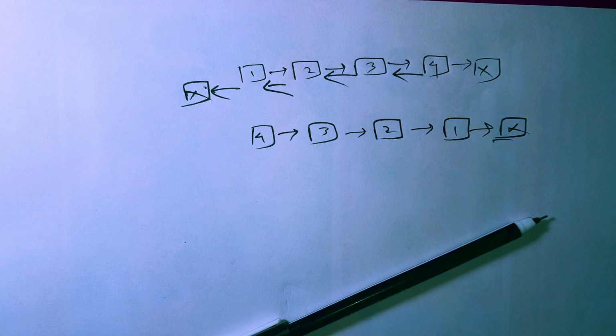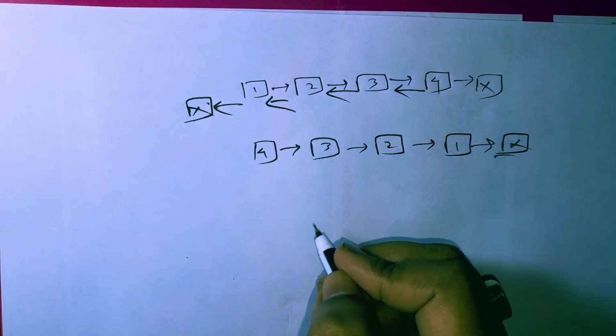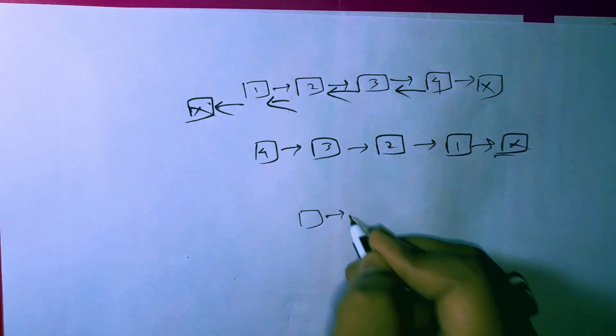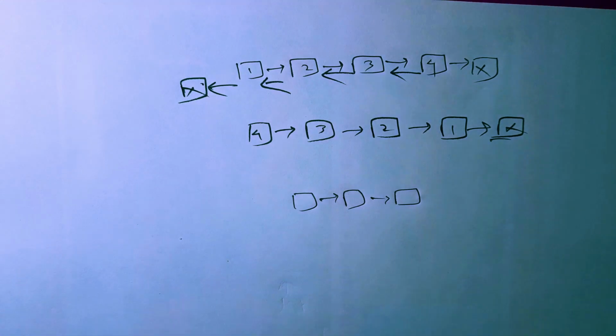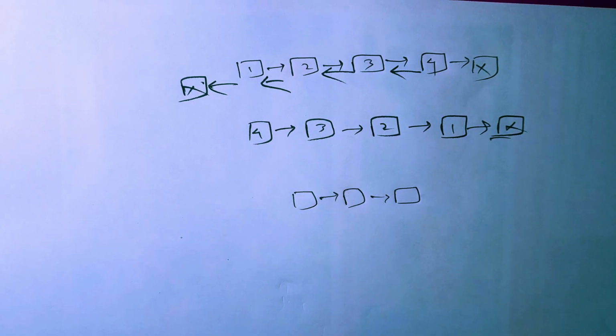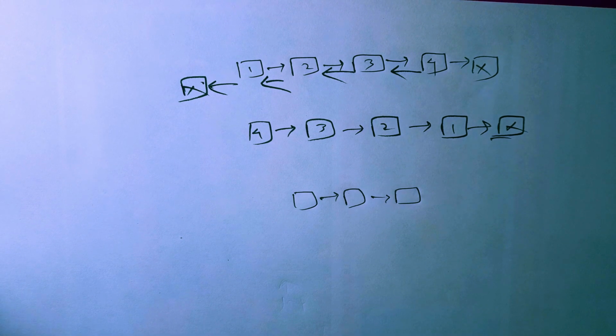What I will do is, suppose you have these 3 nodes. Don't think about the data of the elements, you have these 3 nodes and you have to reverse them. So how will you reverse?